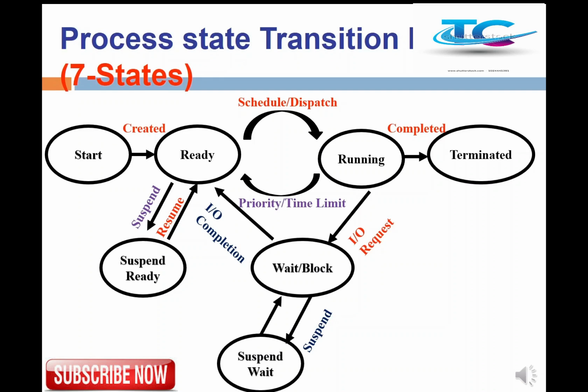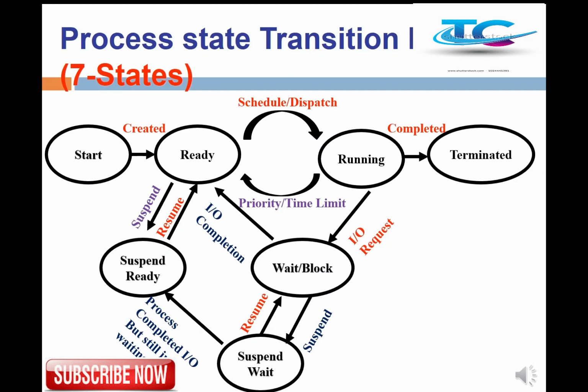If there is availability of the IO resource, then again it will be brought back from suspended wait to the wait state. If the process completed IO but still there is no space available in the ready state, then the process still has to wait in the suspended ready state.